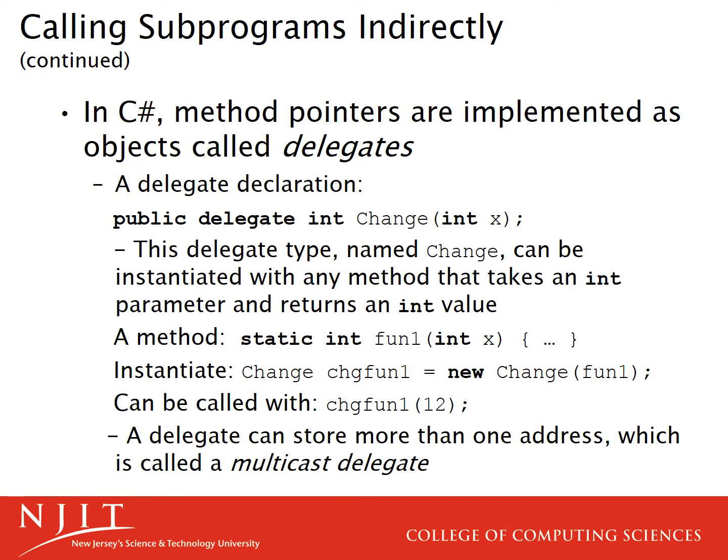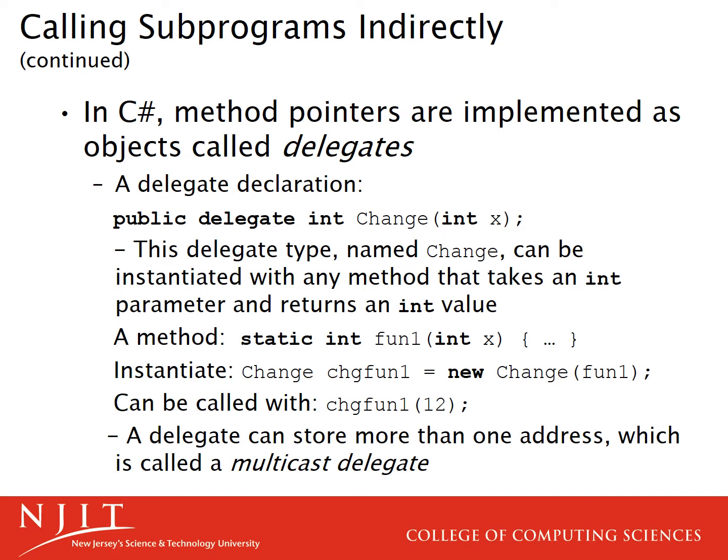Now, other languages have different ways of handling this. C# does a nice thing called a delegate. A pointer to a method is actually implemented as an object called a delegate. So here we say that change is a delegate, sort of a pointer to a function.